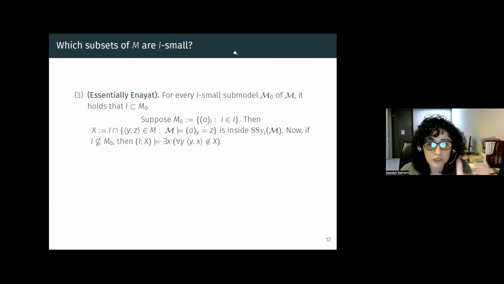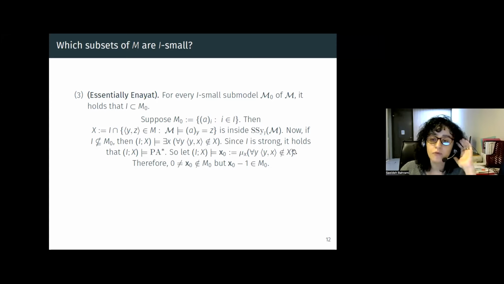But if we suppose that I is not a subset of M0, then the expanded structure I and X should satisfy that there exists some X such that for all Y's, Y and X cannot be in X. And since I is strong, because every strong cut is a model of PA, and when we add the elements of the I standard system, the expanded structure is also a model of PA.